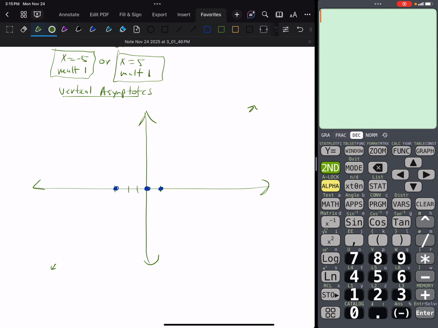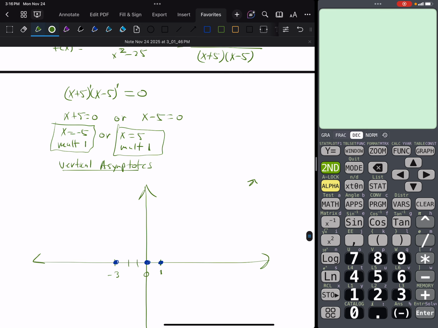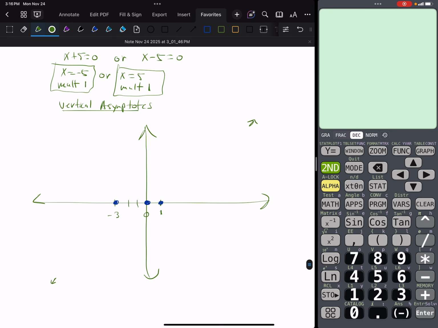And so now I have negative 3, 0, and 1. And then I had vertical asymptotes at negative 5 and 5. It's negative 3, negative 4, negative 5, and then I dot in my vertical line here. Then 1, 2, 3, 4, 5. And I dot in my vertical line there.